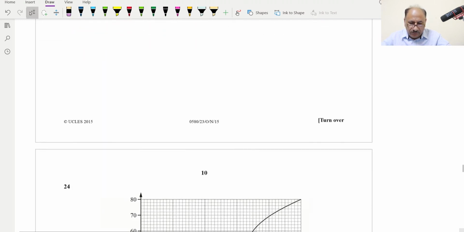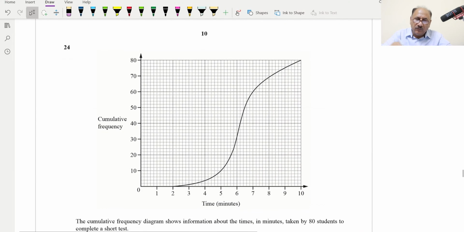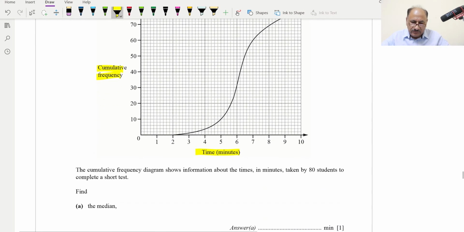Now we can move to the next question, which is 24. It's a cumulative frequency curve. One side is cumulative frequency and the other side is time. The cumulative frequency diagram shows information about the time in minutes taken by 80 students to complete a short test. Find the median.